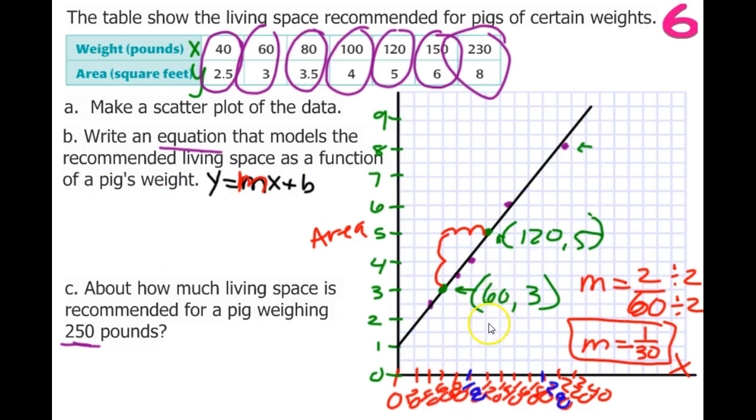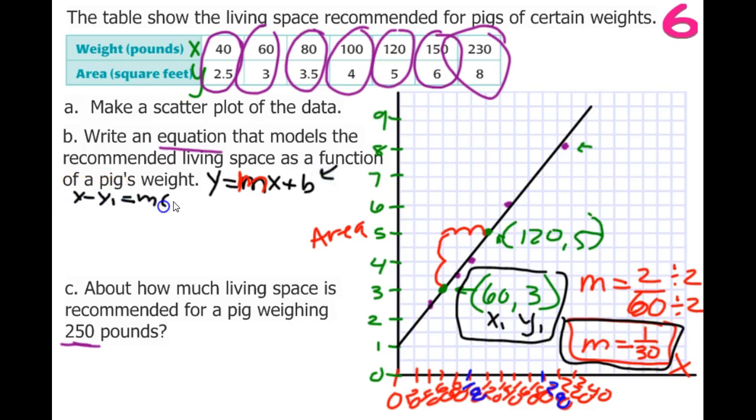And I'm going to use this point, x and y, to plug in. I have a point and a slope, so instead of just using slope-intercept form, I'm going to start with point-slope form. So plugging everything in, we would have y minus y1, which is 3, equal to our slope, which is 1/30, and then x minus x1, which is 60.